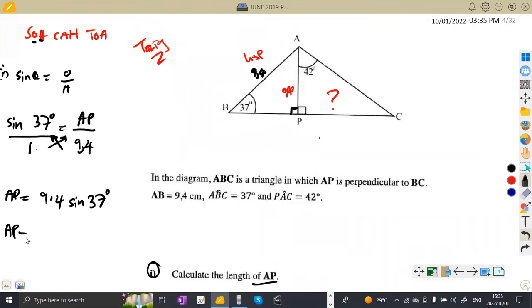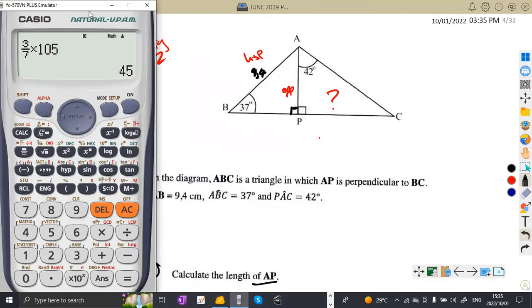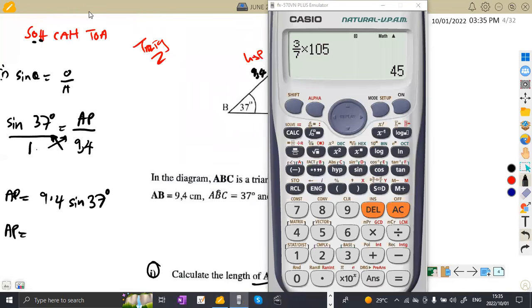In this case, for our AP, we just need our calculator to simplify that part. We're going to obtain something like 9.4 by sine 37 degrees. Okay, so we can have 5.65 something.